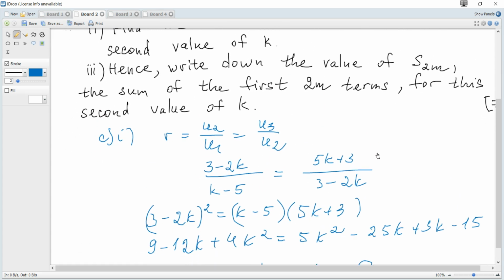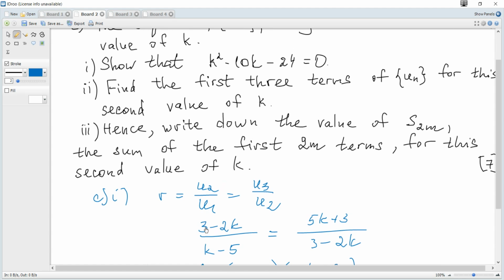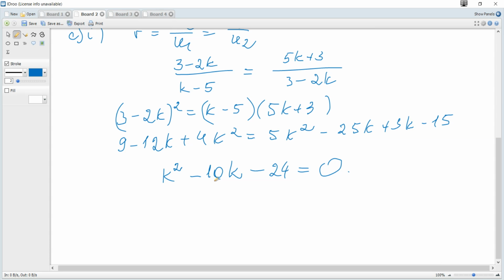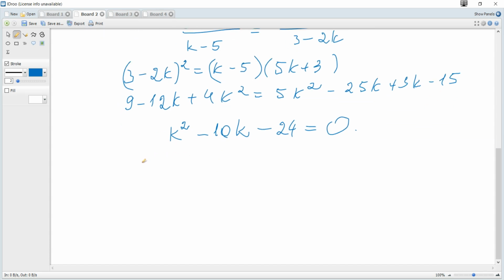And find the first three terms of un for this second value of k. So just solve for k, it's quadratic, and we can use the sum and product rule, and actually we know that one root is 12. In general, the sum is minus b over a, so the sum is 10, the product is c over a, negative 24.